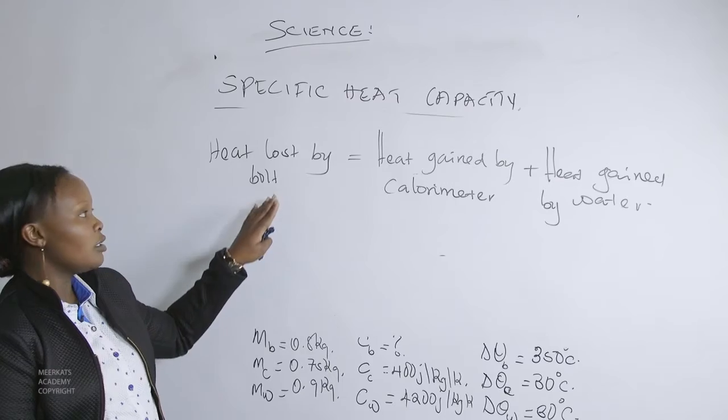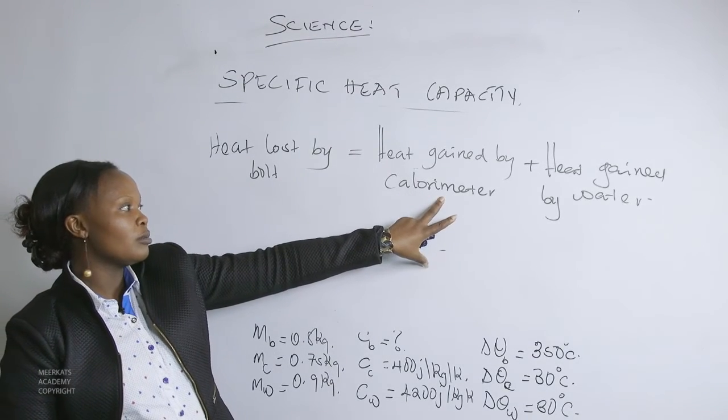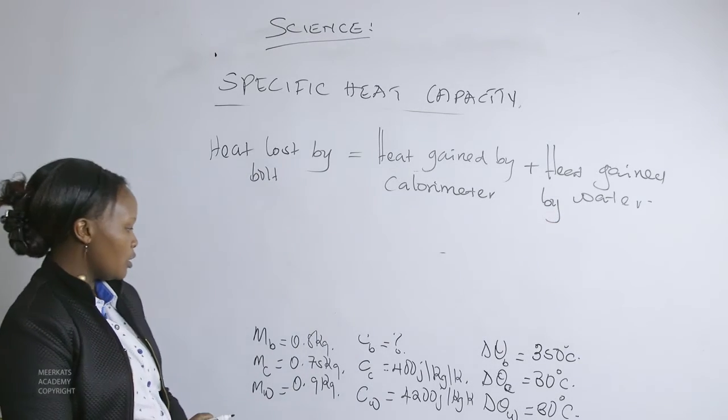Heat lost by the bolt is the same as the heat that is going to be gained by the calorimeter added to that which is gained by our water.